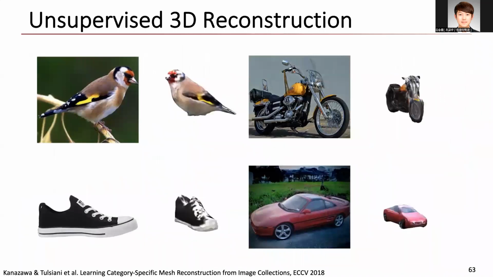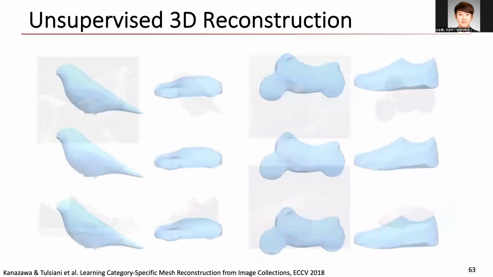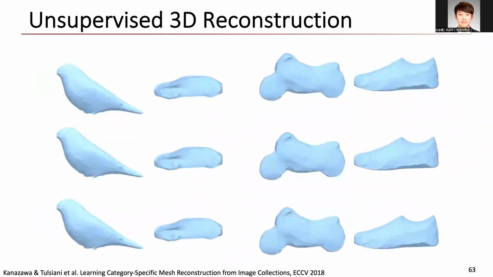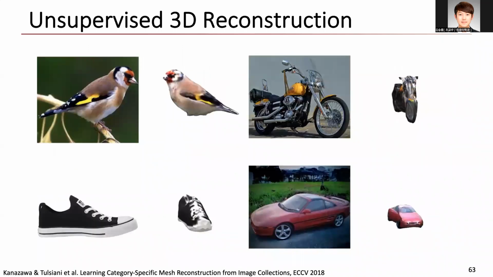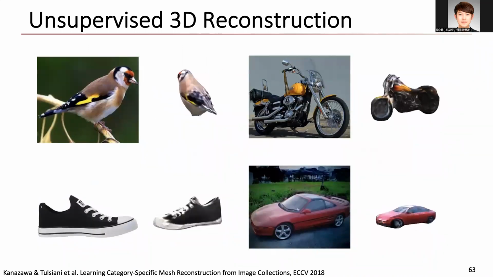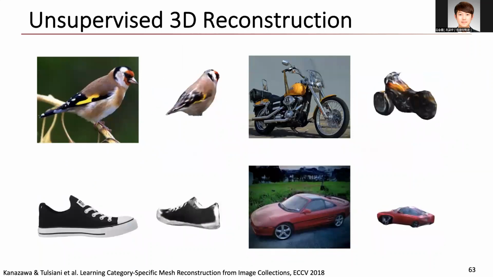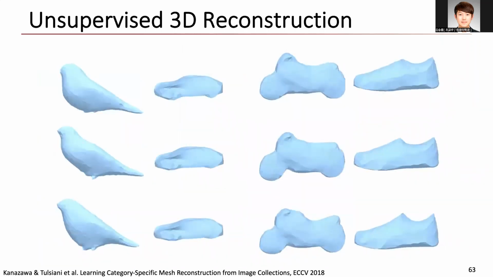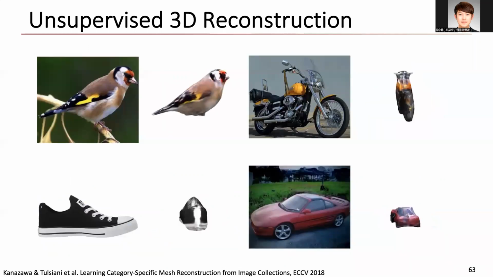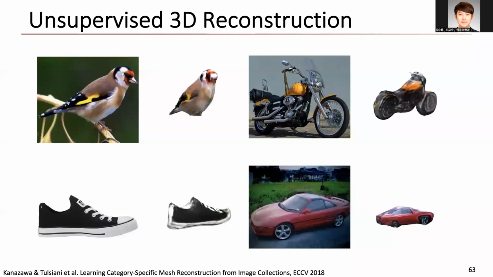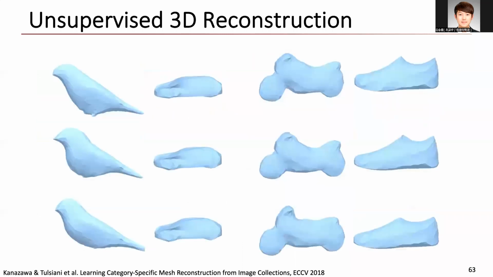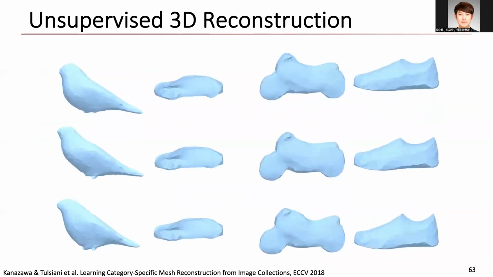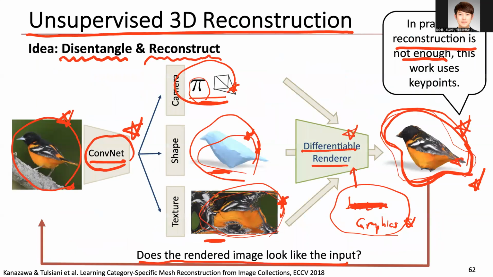So these reconstructed meshes are not based on a pre-built 3D model. This was just learned from the image collection with the same category-specific image collection: bird, motorcycle, shoes, cars, something like this. By using a disentangle and reconstruction framework. This is the unsupervised 3D reconstruction method.